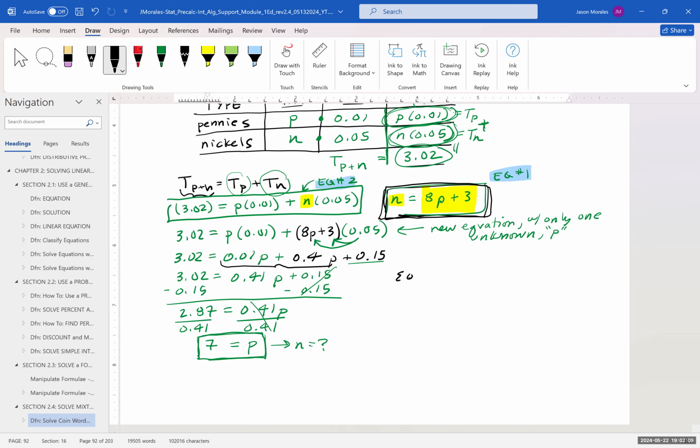So using equation number 1, where n is equal to 8p plus 3, we now know that p is equal to 7. So n is equal to 8 times 7 plus 3. N is equal to 56 plus 3. N is equal to 59.